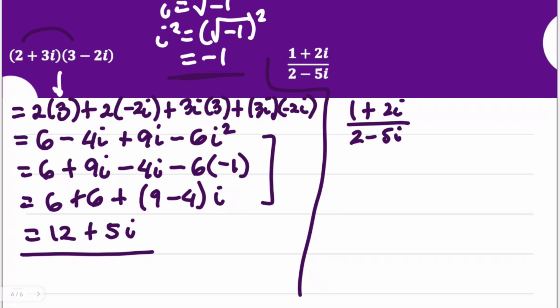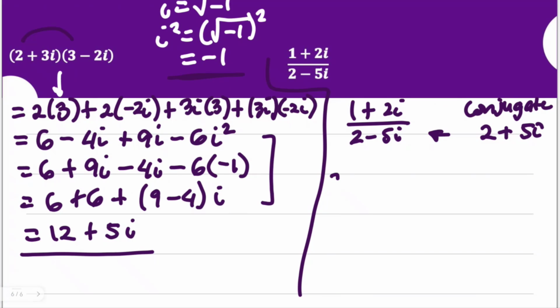As mentioned in a video discussing division of complex numbers, we need to make sure that our denominator will not contain the imaginary unit. Hence, we're going to use the conjugate of the denominator. The conjugate uses the same first term, the same second term, but the opposite sign. Since this is minus, you will have to use addition here. Sorry for that.